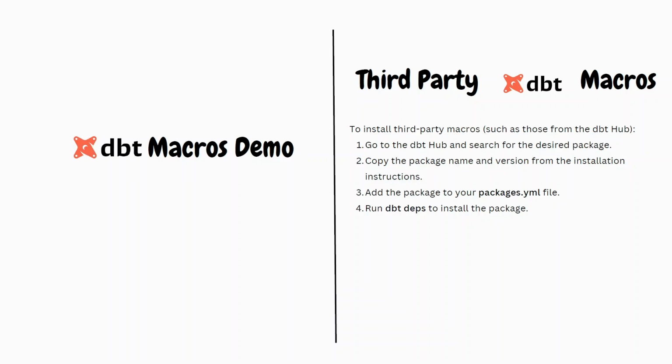If somebody has already written some dbt macros, we can go to them. So the process for that is to go to dbt Hub and search for the desired package. If the package exists, that's a condition too, and then we just need to include that package in our project, and we should be good to go.